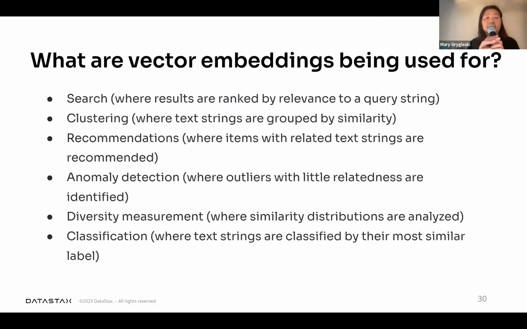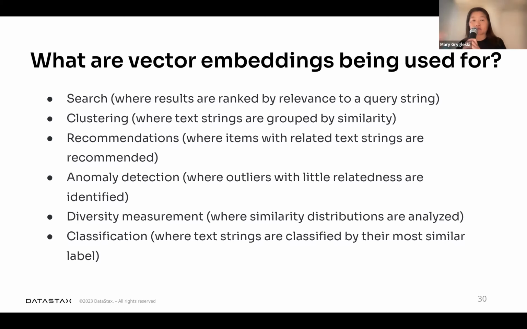Okay, so now let's take a look at vector embeddings and what they are used for. Besides using them for searches like pattern matches, you can use them for clustering too, because you are looking for similarities among the text strings and whether they can be grouped by some similarity. You can use them for recommendations, looking at items that share related text strings.